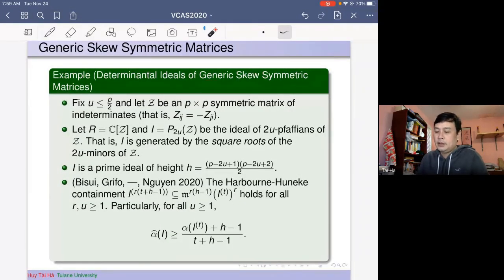So this should be skew symmetric. And we look at the ideal of Pfaffians of this skew symmetric matrix. Then once again we have the Harbourne-Huneke containments and the Bayes inequalities.